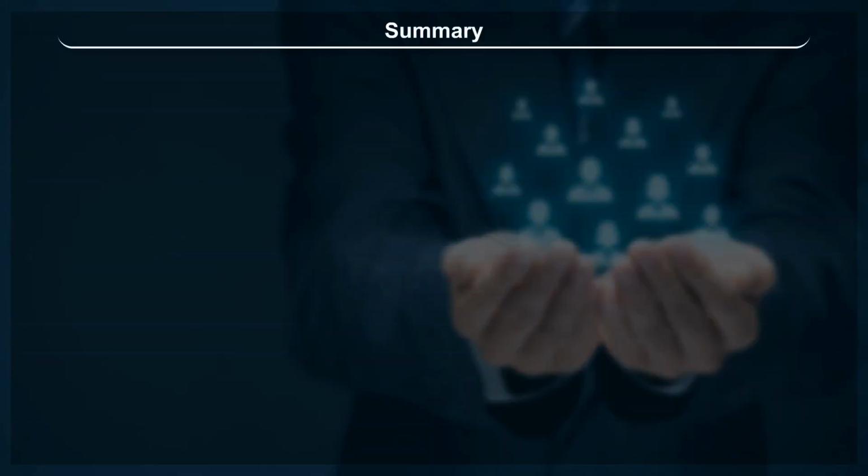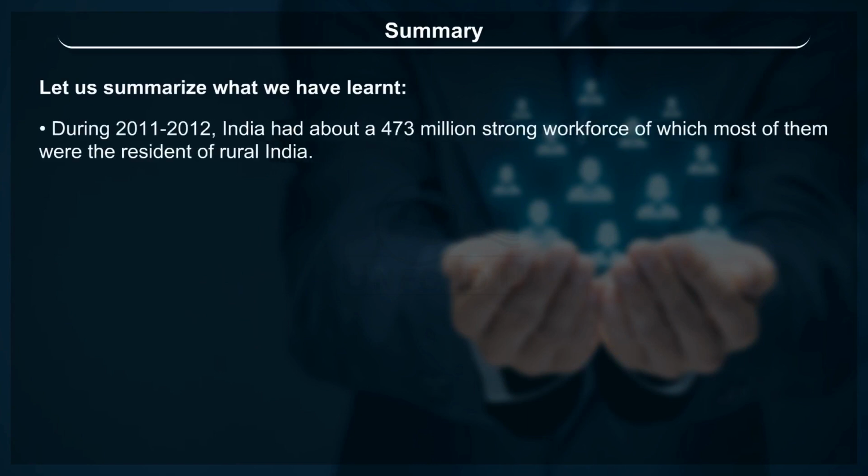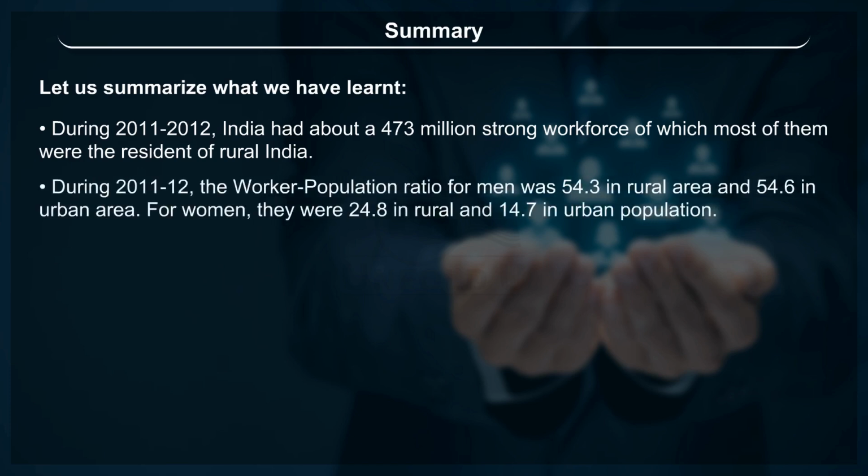Summary. Let us summarize what we have learnt. During 2011-12, India had about 473 million strong workforce, of which most were residents of rural India. During 2011-12, the worker population ratio for men was 54.3 in rural areas and 54.6 in urban areas.